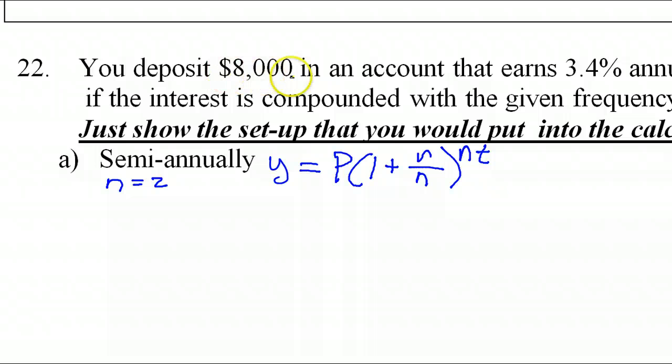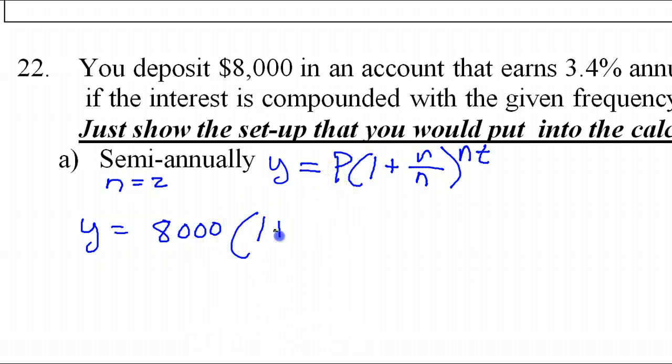You deposit $8,000. Okay, that means this 8,000 is the initial amount. So that means it's going to go here for P. So I'll have 8,000 right there. Then I'll have 1 plus. Now the rate, I've got 3.4%, but as a decimal, that means R is going to be 0.034.